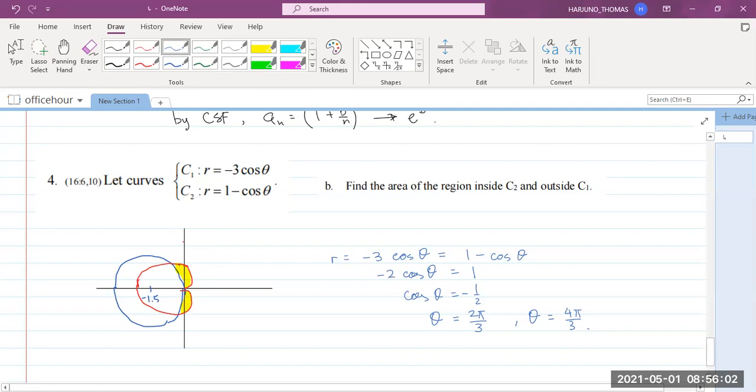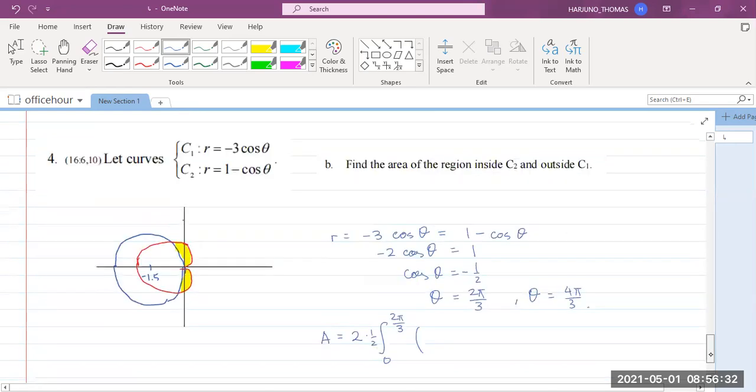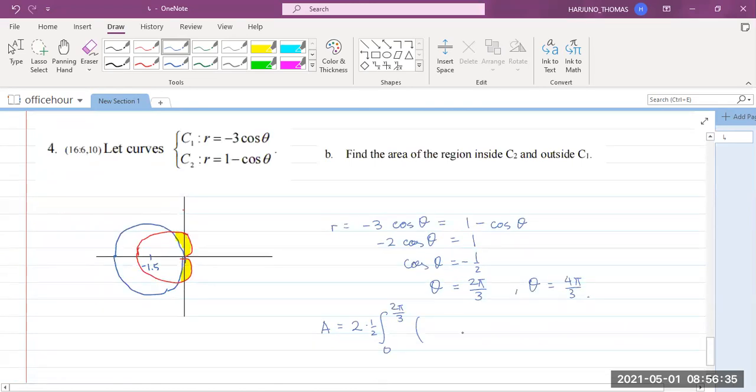Now I will just do the top one. So the area equals 2 times, oh, there's a 1/2, 2 times 1/2 integral from 0 to 2 pi over 3. The outside functions are squared. So the inside, the red one, that will be 1 minus cosine theta squared.